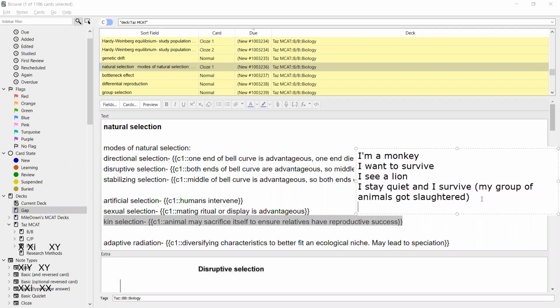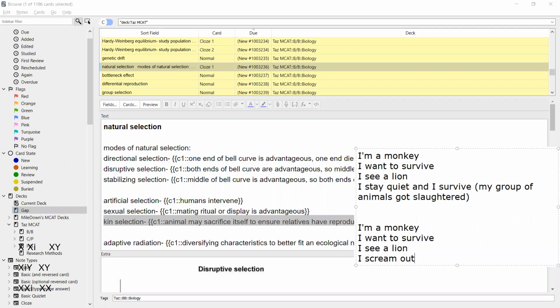Now we make another scenario. I'm a monkey. I want to survive. I see a lion. I scream out and warn the others. I die. My group of animals survived. Of these 2 scenarios, what do you think is more evolutionarily advantageous for the monkey?